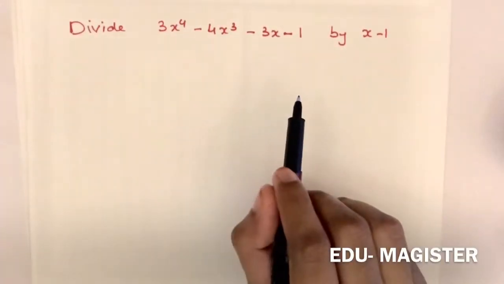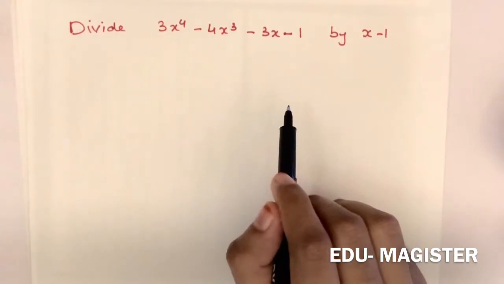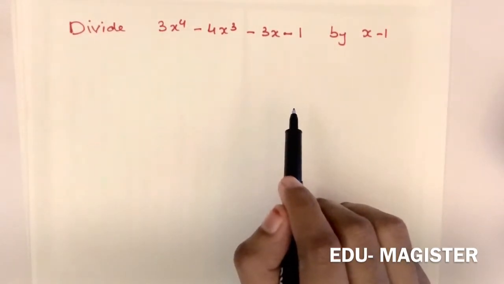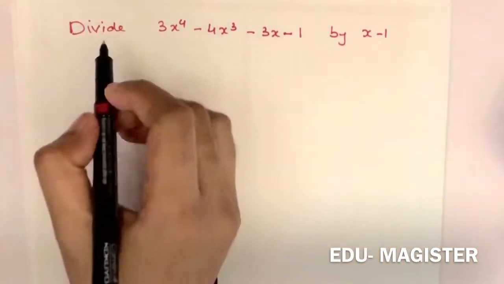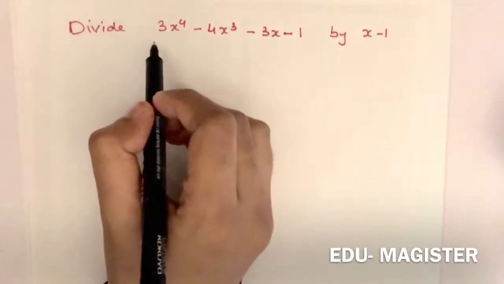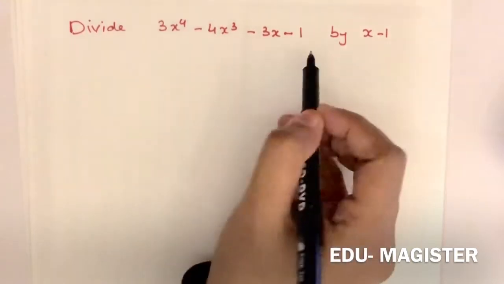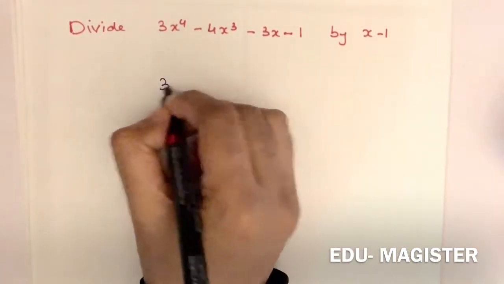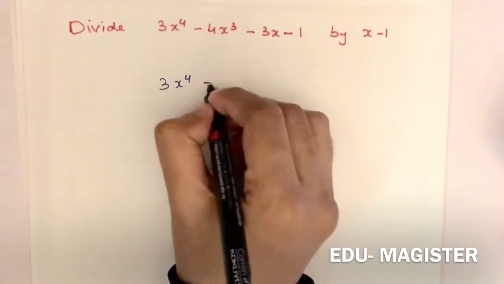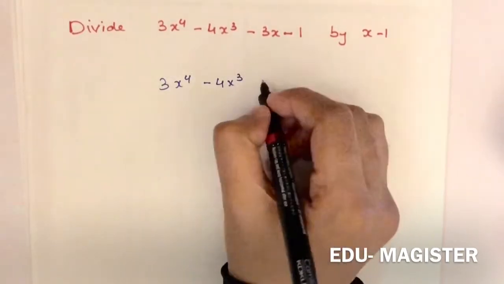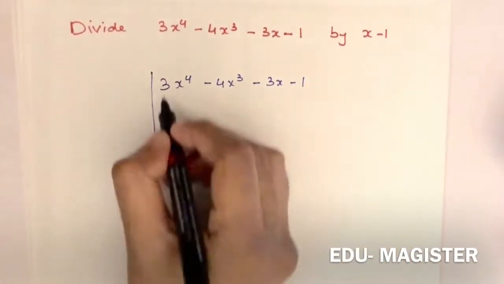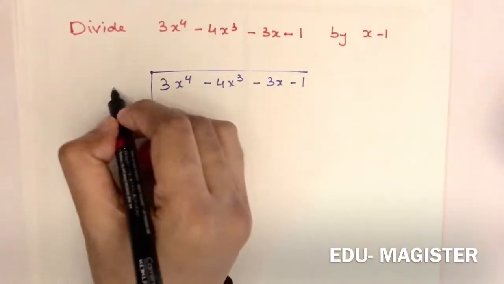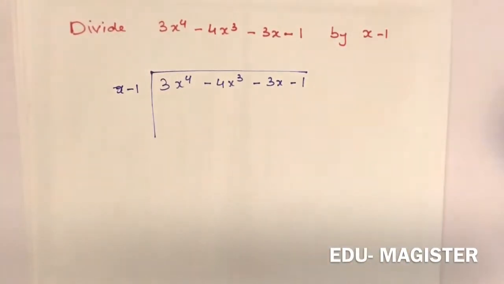Let's do one more example and see if the remainder theorem is correct. Here in this example, we need to divide this polynomial, that is 3x raised to 4 minus 4x cube minus 3x minus 1 with x minus 1.